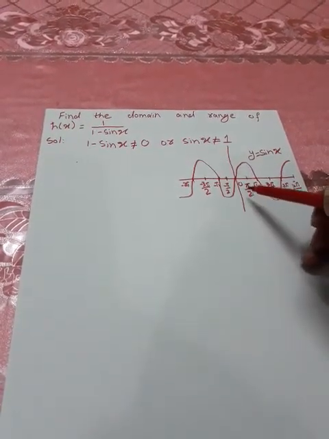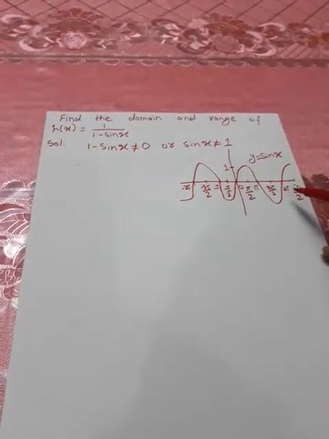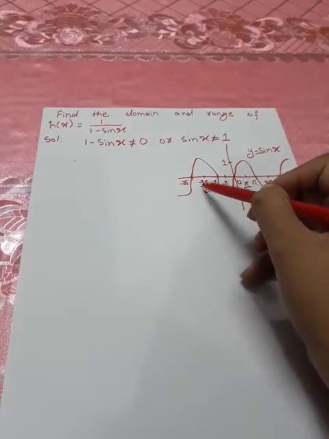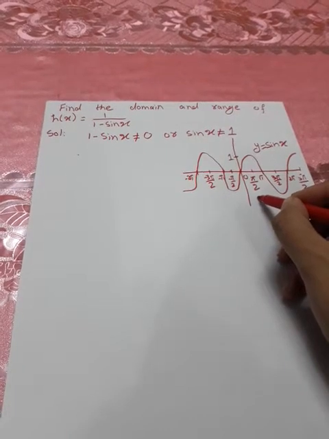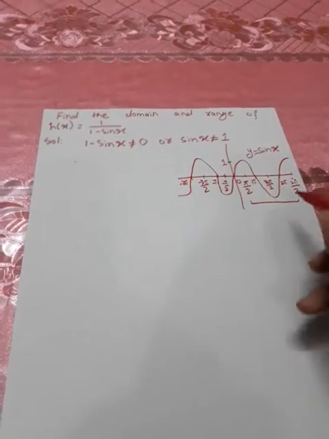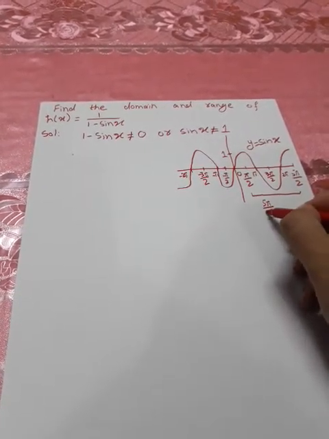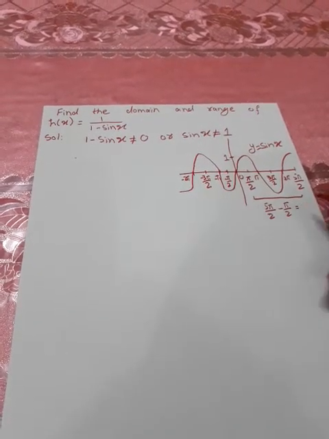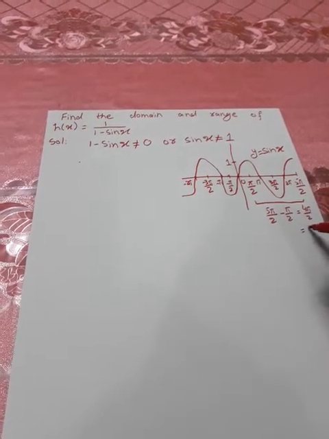You can see sin pi by 2 is 1. Sin 5 pi by 2 is 1. Sin minus 3 pi by 2 is 1. Right? And the difference between pi by 2 and 5 pi by 2 is 5 pi by 2 minus pi by 2, which is 4 pi by 2, which equals 2 pi.